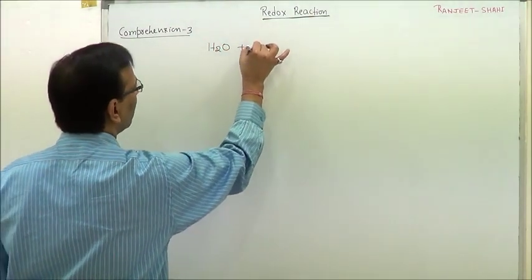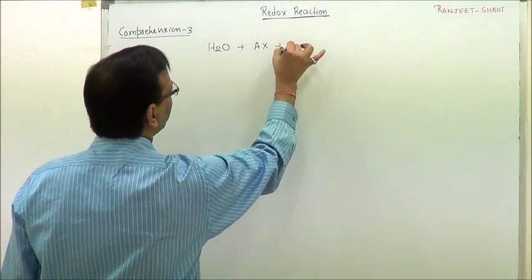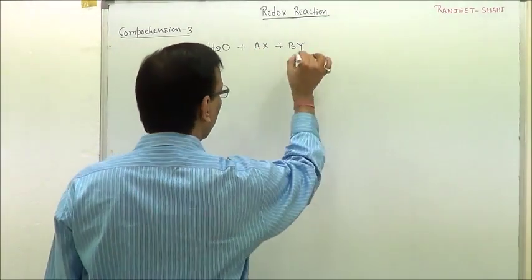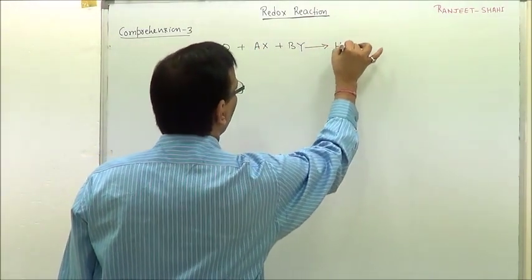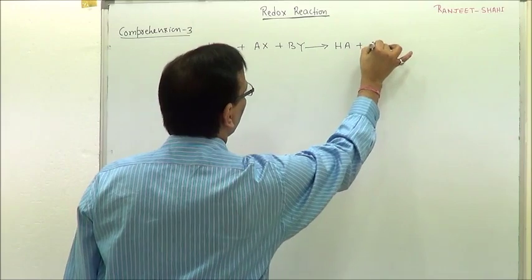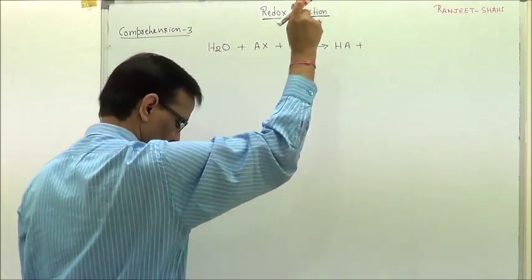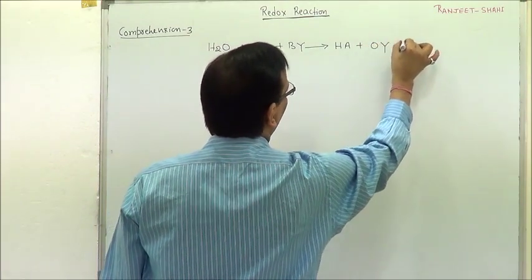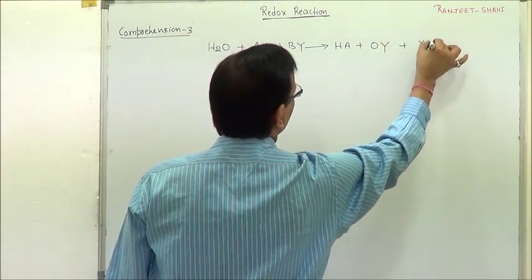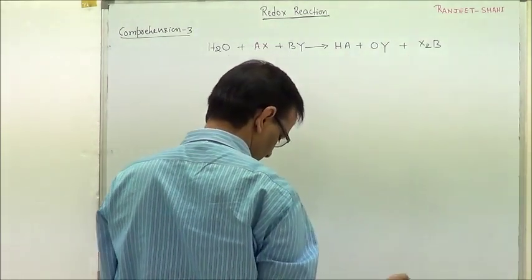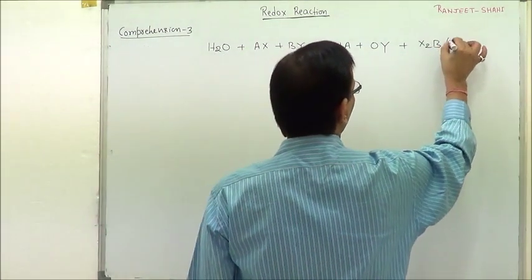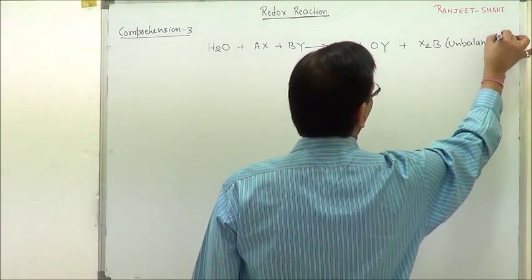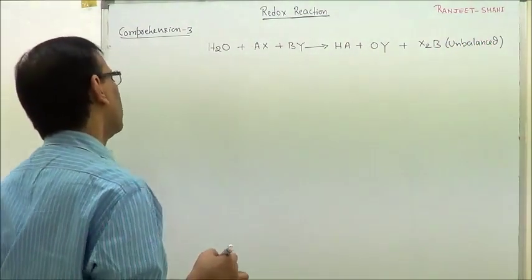H2O, AXVY giving HaOY and X2V, and it is an unbalanced redox reaction.